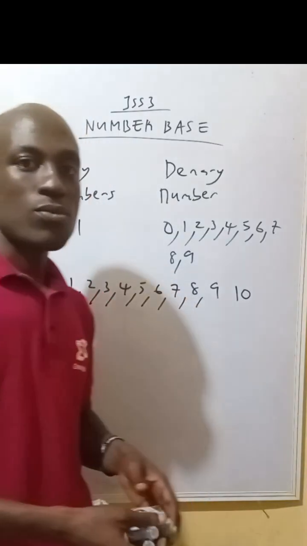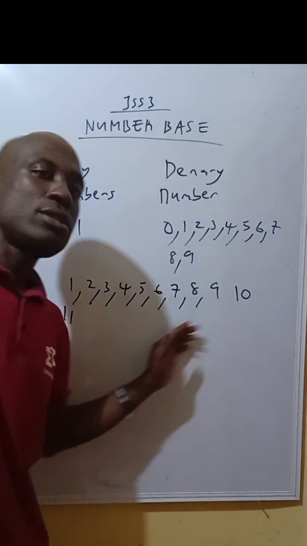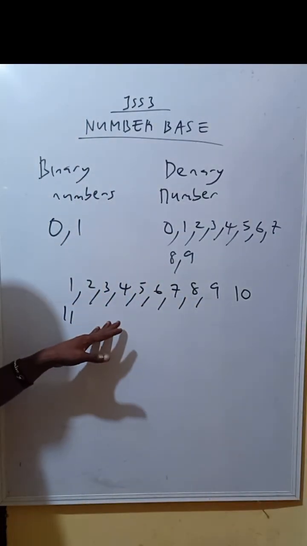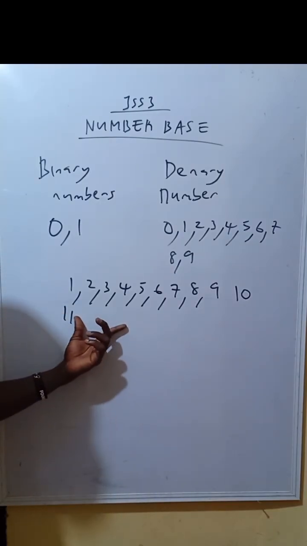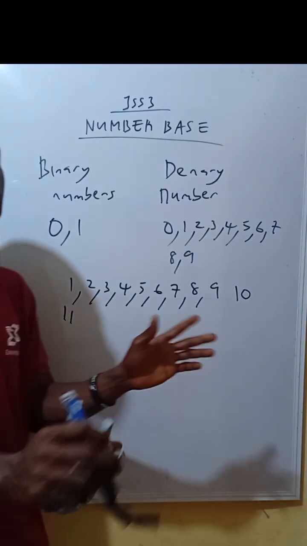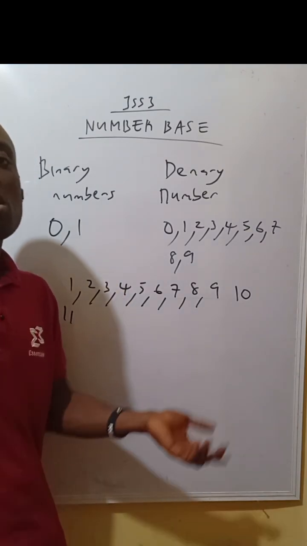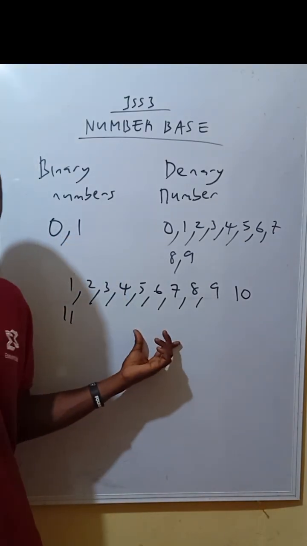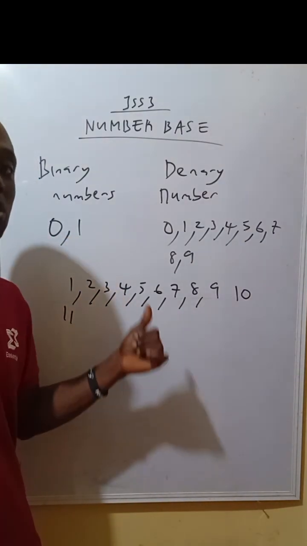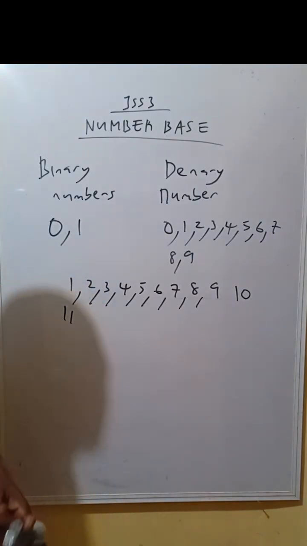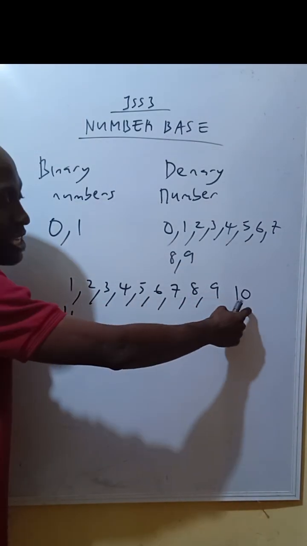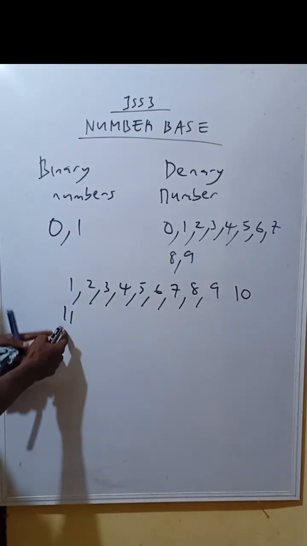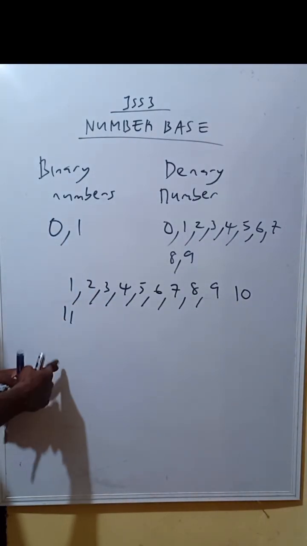The calculation we do in mathematics is actually counting in 10. Our most common base, the natural base we use in solving problems in mathematics, is base 10. You might not know about it, but now you know. 12 is the sum of 10 plus 2. 20 is the sum of 10 plus 10. 21 is the sum of 20 plus 1.